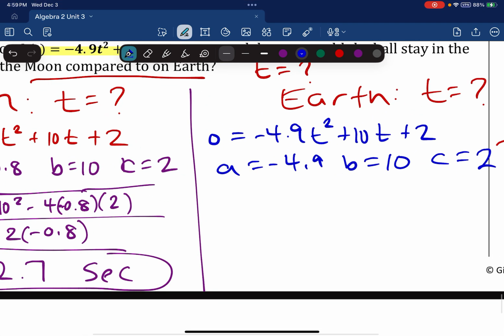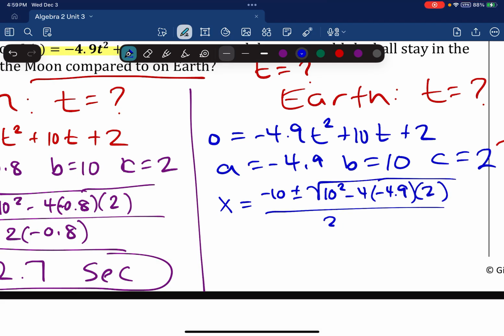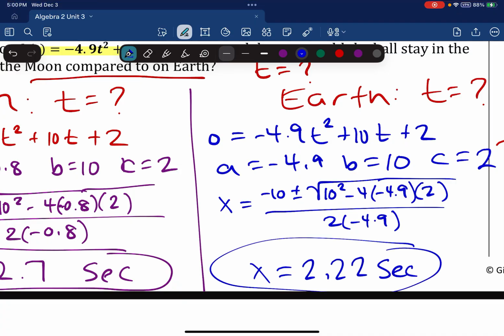All right, we're going to plug this into our quadratic: negative 10 plus or minus the square root of 10 squared minus 4 times a times c, all over 2 times a. Again, we're going to get 2 answers, but the negative one is not the valid answer. It's only the positive one.